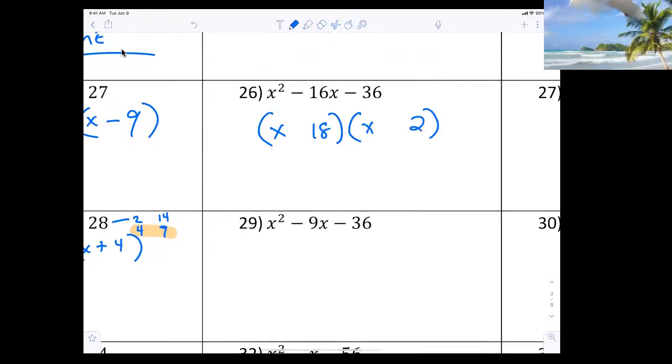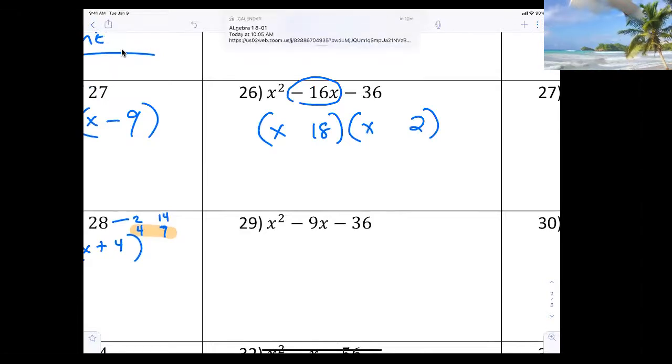Now you have to tell me where's the signs. Good job, Max. Now remember, I want the 16 to be negative. So that means the larger number should be negative. So it'd be what? There you go. Good, good, good. All right, let's keep going.